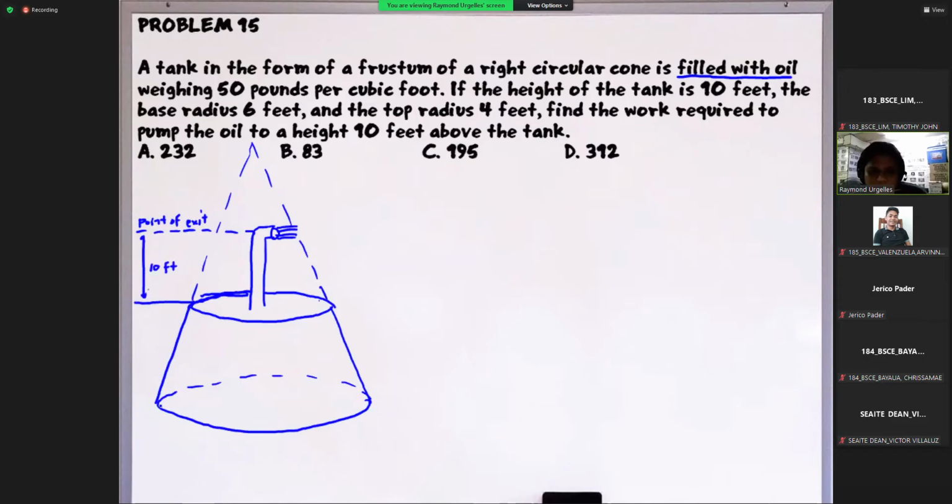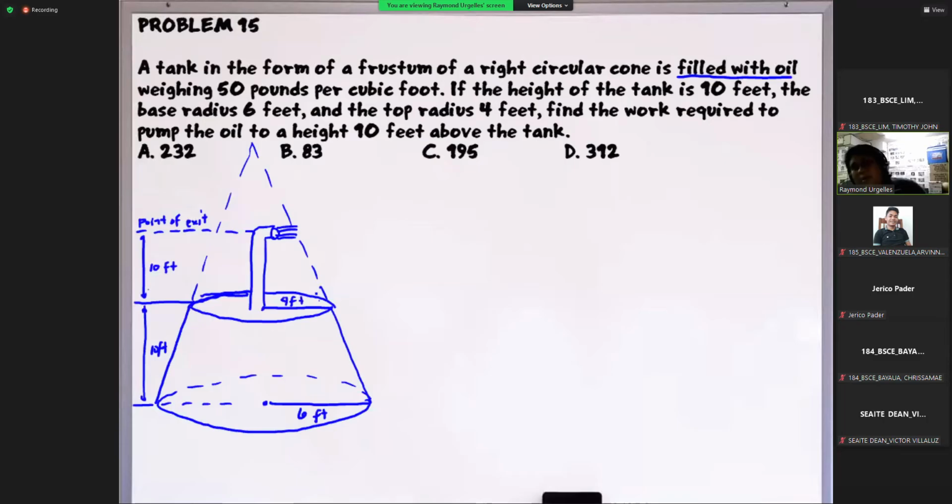Tapos, mula dito sa base ng frustum natin papunta doon sa top ng frustum natin, sabi dyan, the height of the tank is 10 feet. So therefore, this is also 10 feet. Then the radius of the base is 6 feet, mula dito hanggang dito. Then mula naman sa top radius natin ay 4 feet, mula dito hanggang dito.